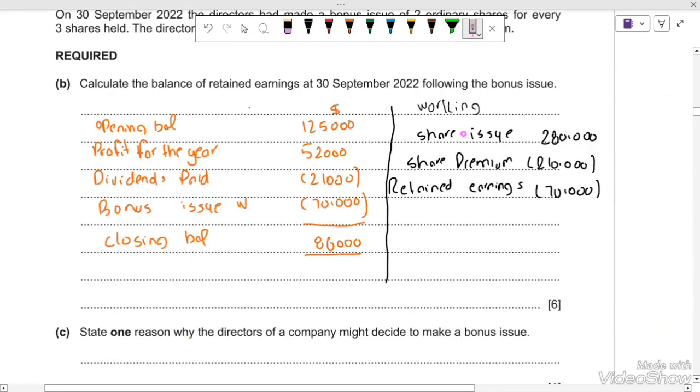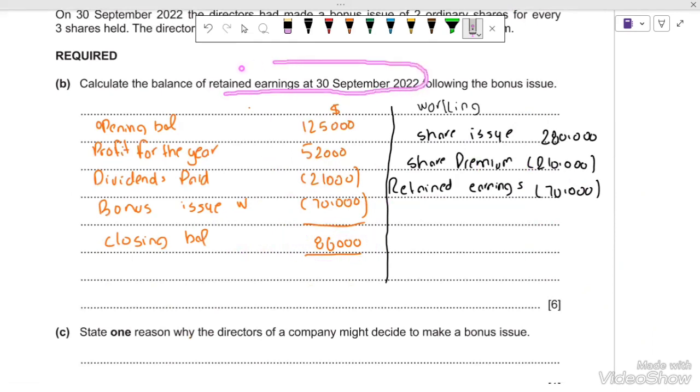The profit for the year was $52,000, and the dividend which we paid was $21,000. The amount which we issued as bonus shares was $70,000. So after that, we have 86,000 as our closing balance for the retained earnings at 30 September 2022.